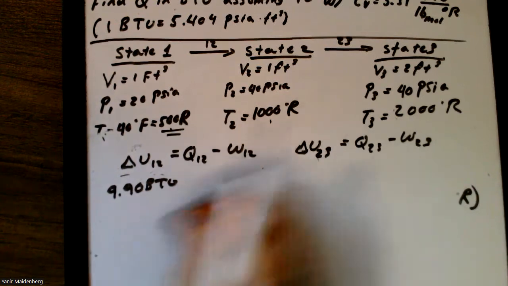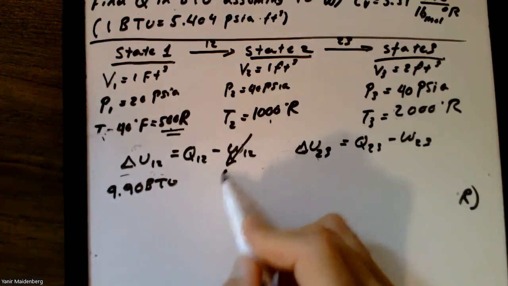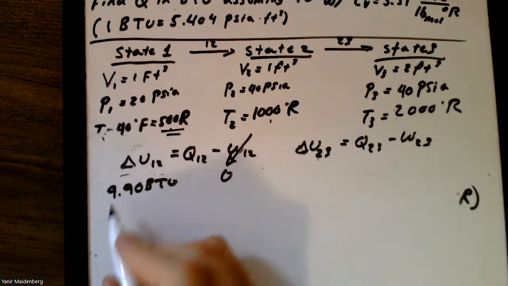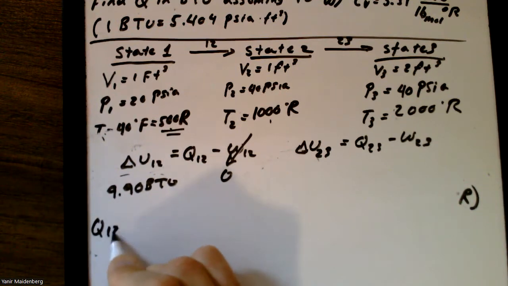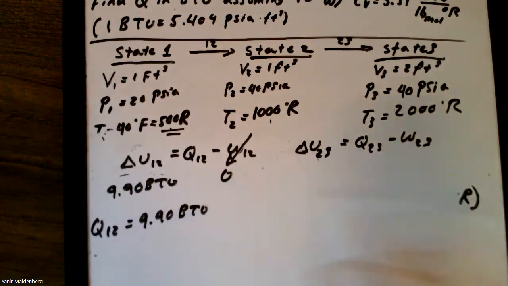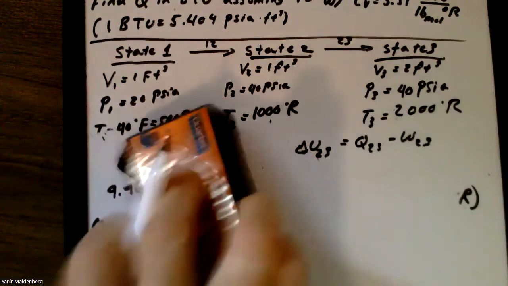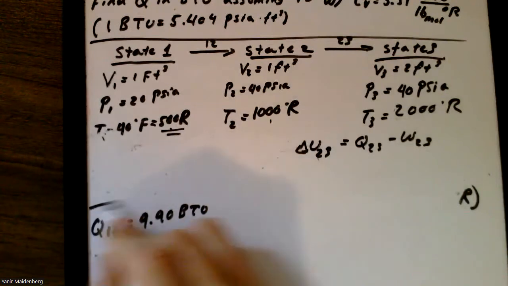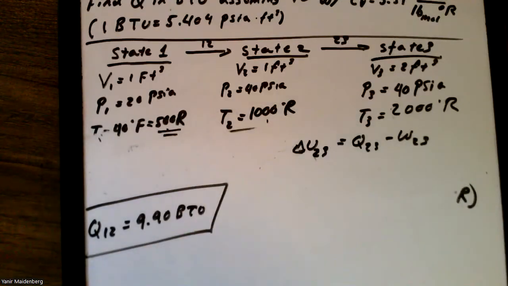So that means this goes to 0. Cool. So now I'm going to put that on the side. I have Q12 is 9.90 BTU. Okay, so I got my process from 1 to 2. Great. Now I have to do this one, find my Q23 and add it to this guy, and I'm done.